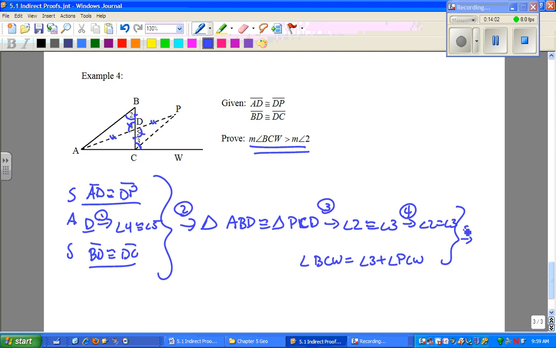And I just proved that BCW... So we learned that BCW is equal to angle 2 plus PCW, which means that the measure of BCW is greater than the measure of angle 2.